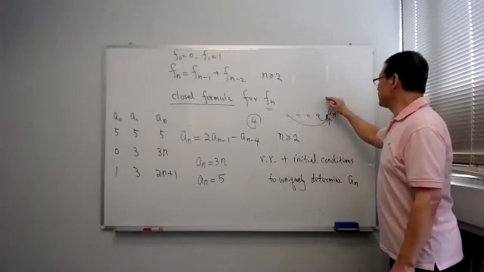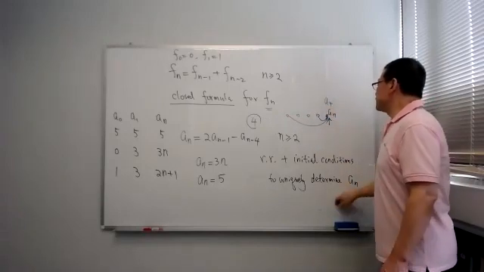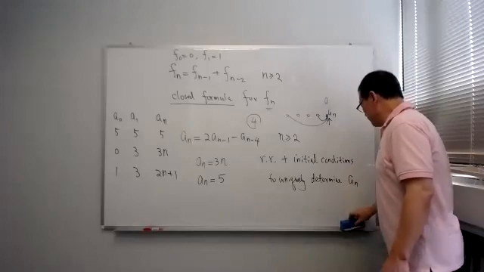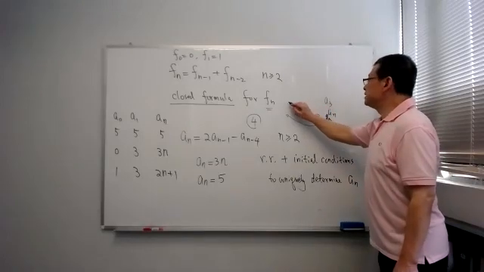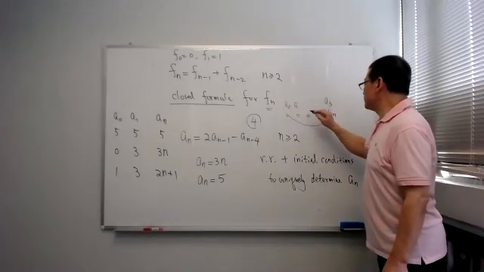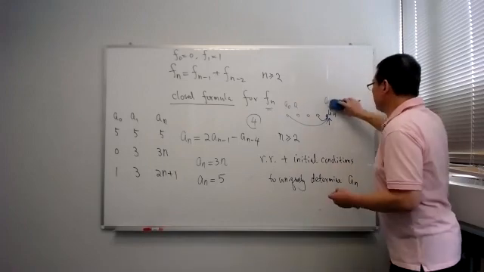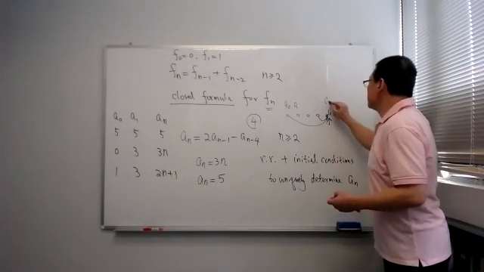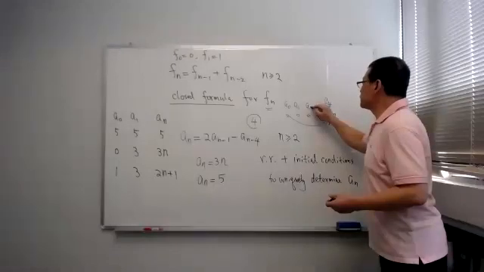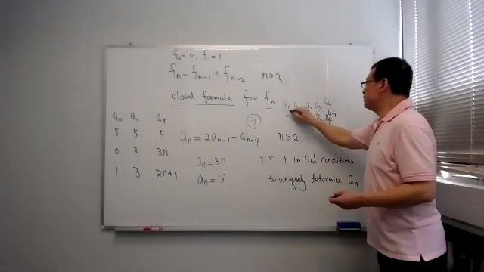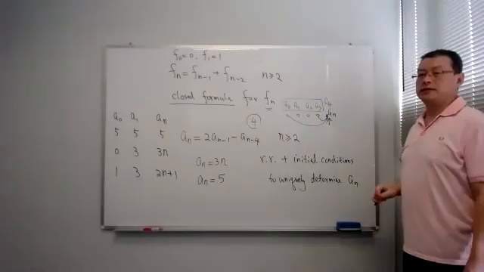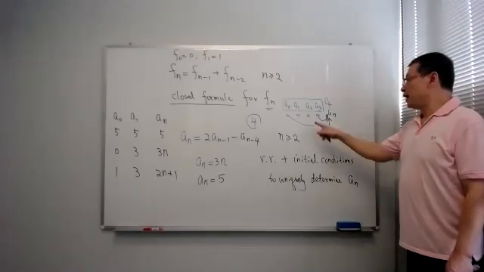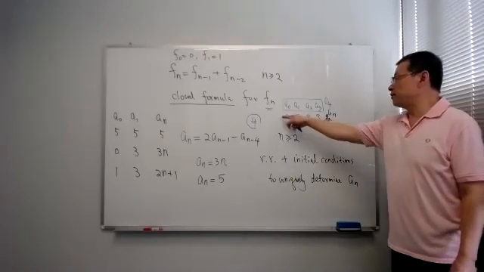So let's start with A0, A1, A2, A3. These four values need to be given, because I don't know how to compute them from previous ones.